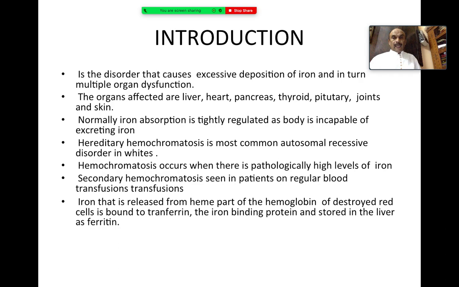Well, normally iron absorption is tightly regulated because there is no exit for iron from the body. There is no process that the body can eliminate the iron from the body. So its absorption is very, very tightly regulated by different mechanisms.